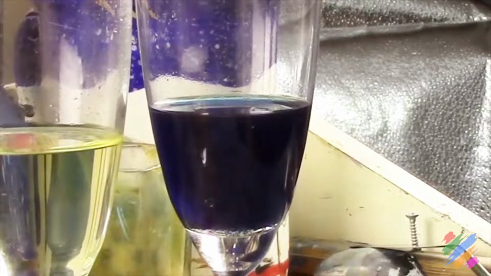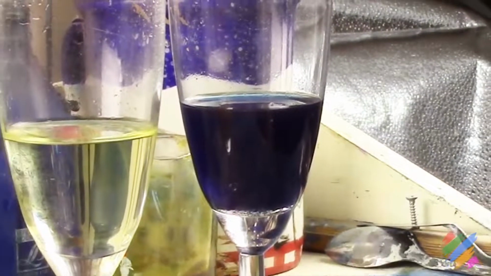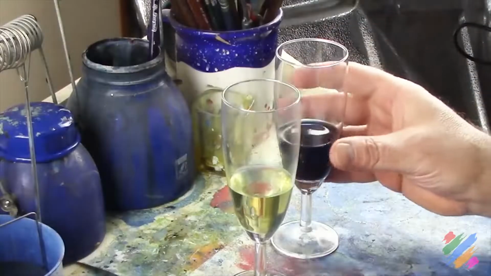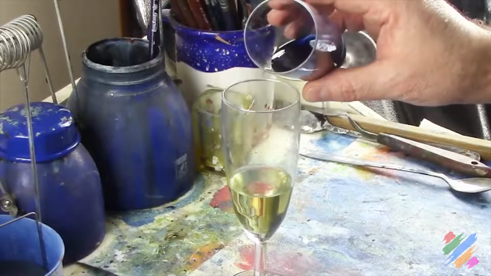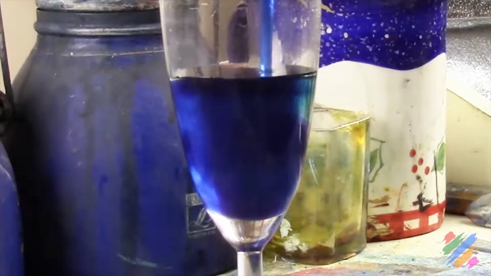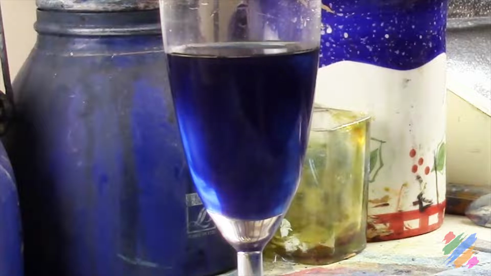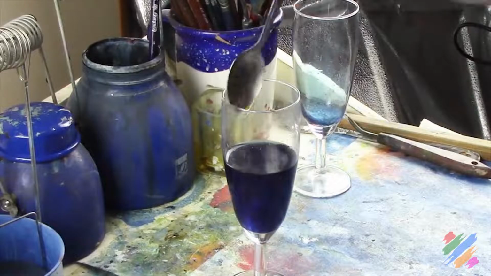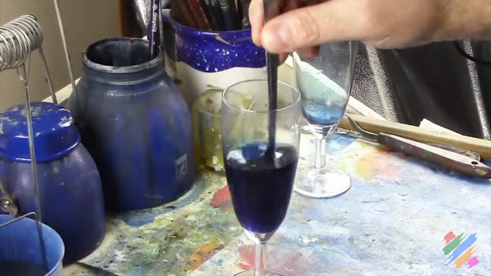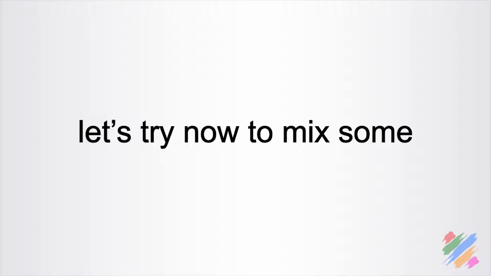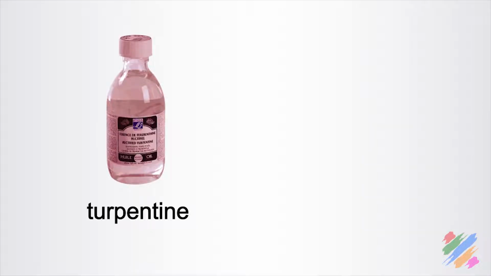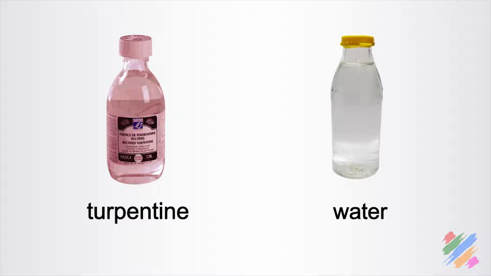We have added some blue pigment in the linseed oil to help us see what happens. As you can see, they can be mixed, most of all if we help them using a spoon. Let's try now to mix some turpentine, which is another apolar medium also used with oil colors, and some water, which is a polar medium that can be used with acrylic paints.